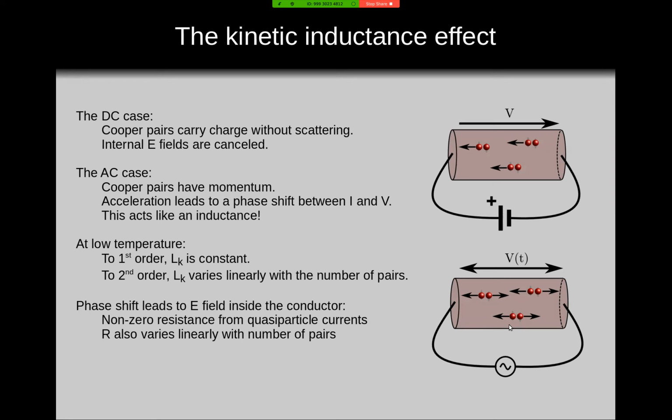And so if you put an AC current on them, they have to slow down and reverse direction fairly often. And so what that does is it causes a phase shift between the voltage and the current of the Cooper pairs, electrons that are paired together, in a way that is mathematically identical to an inductor.